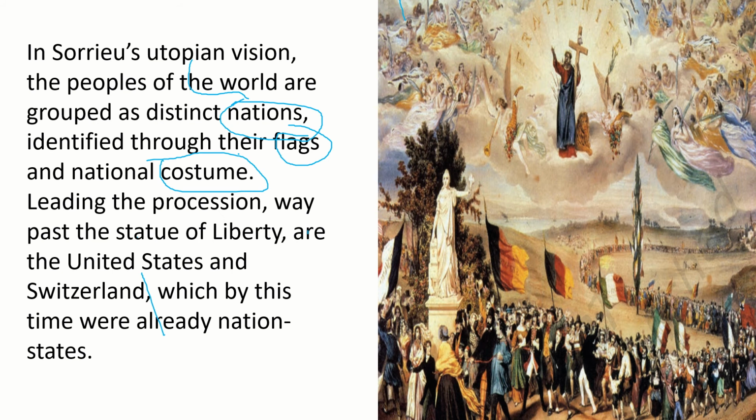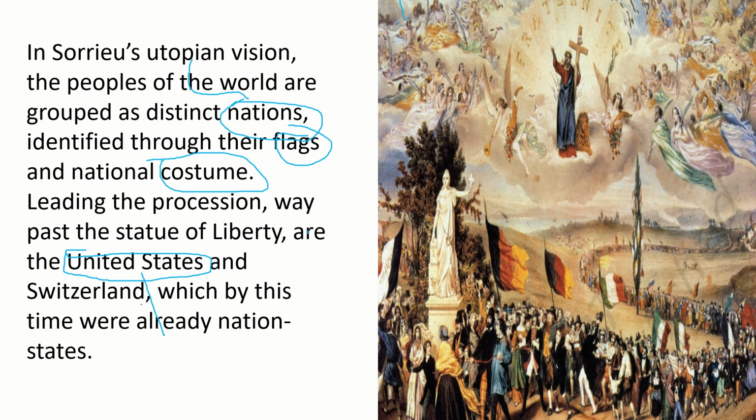Leading the procession way past the Statue of Liberty are the United States and Switzerland, which by this time were already nation states. See here, the first in the march who crossed the Liberty means United States. The first country that marched towards the Statue of Liberty and crossed, that is the United States.